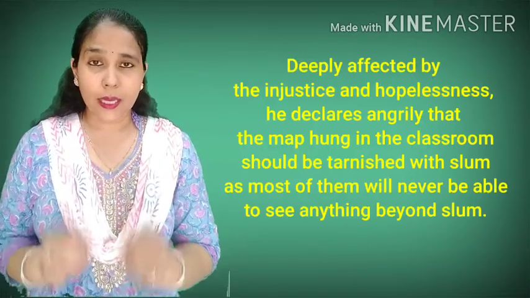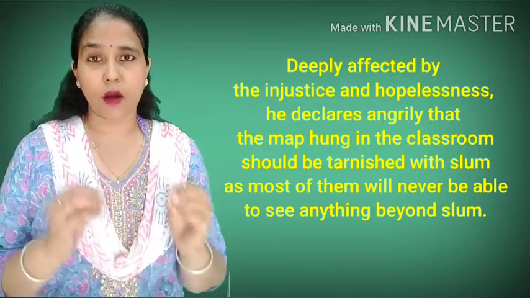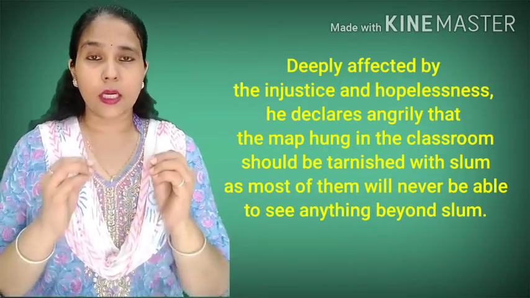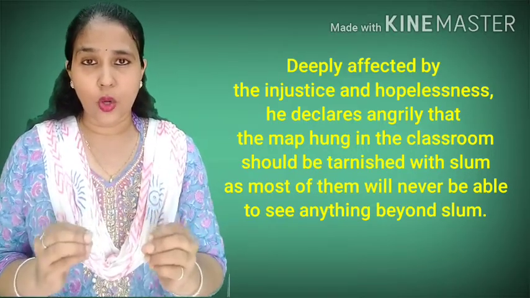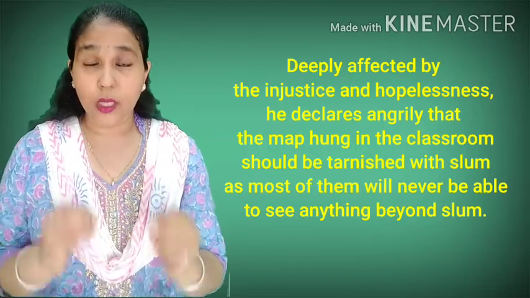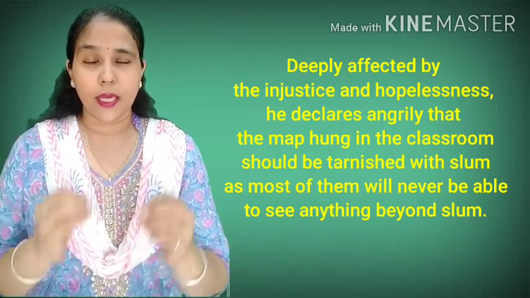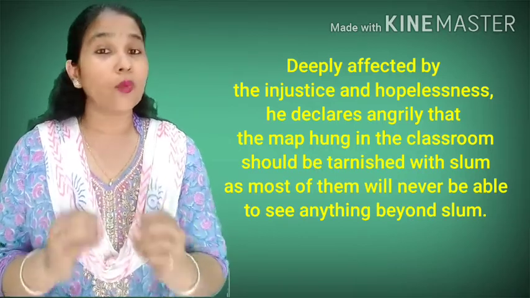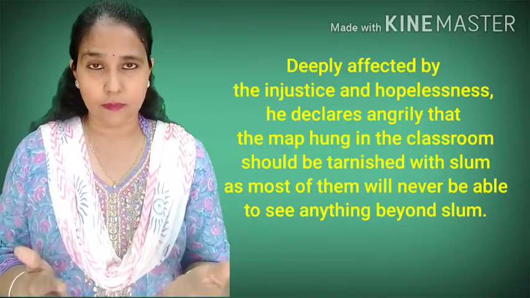Finally, in the last line of the stanza, the poet declares angrily that since all the time and space are foggy slum, these maps that hung in the classroom should be tarnished, blotted or covered with the slums, because most of the children would end up their lives struggling with the hardships of slum life and will never get an opportunity to go beyond the slum.